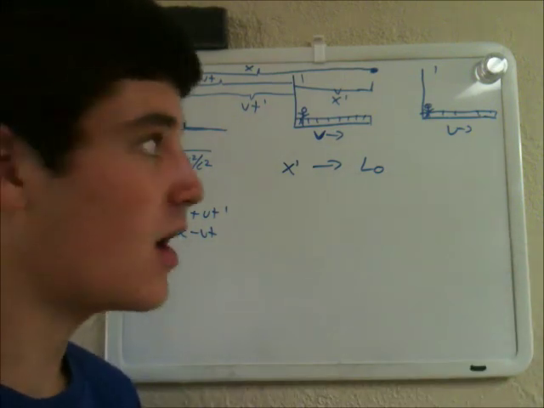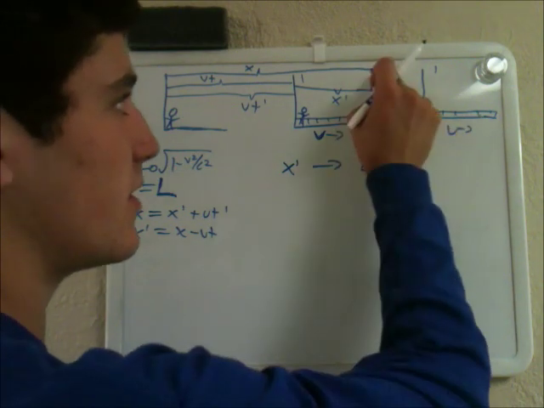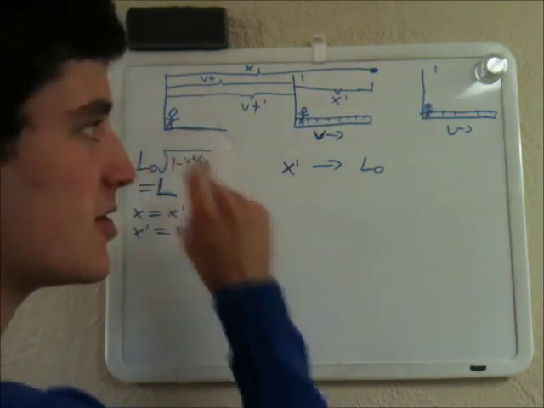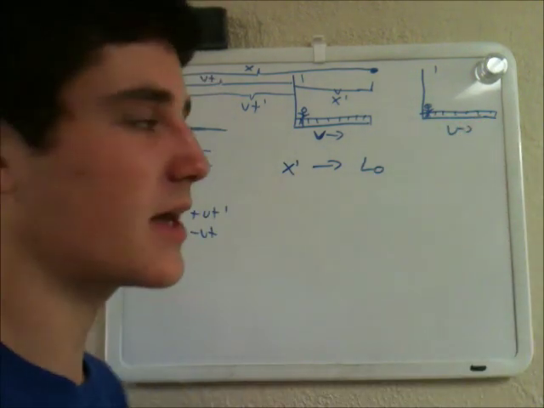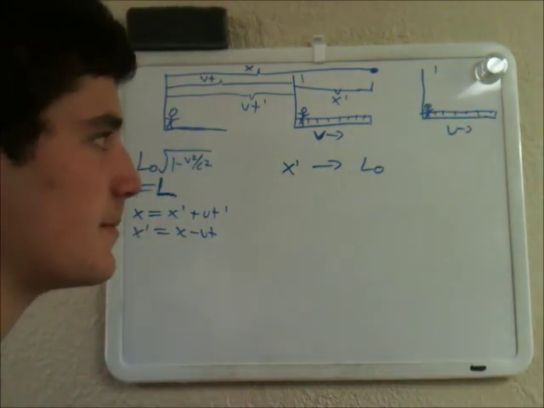It's a length that's measured in their own reference frame. So it's L naught. Like in this situation, when the not prime frame is over here, the prime frame is over here, this length will still be with them, still be moving. It'll just be a measurement in their own reference frame.